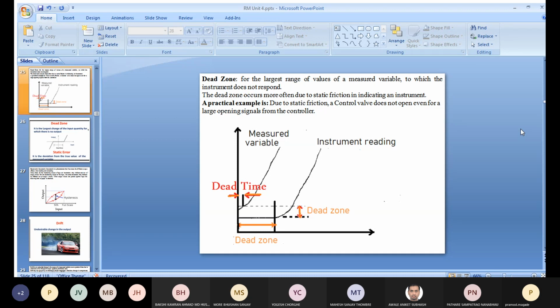Therefore I have quoted here one graph: measured variable with respect to instrument reading. So in the two graphs, a dead zone occurs at the initial phase, and then the system will start to run. That will be the dead zone.